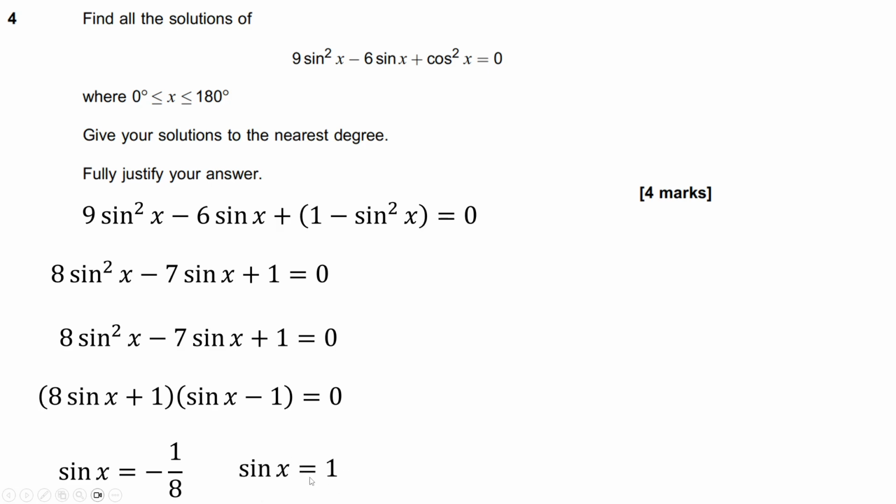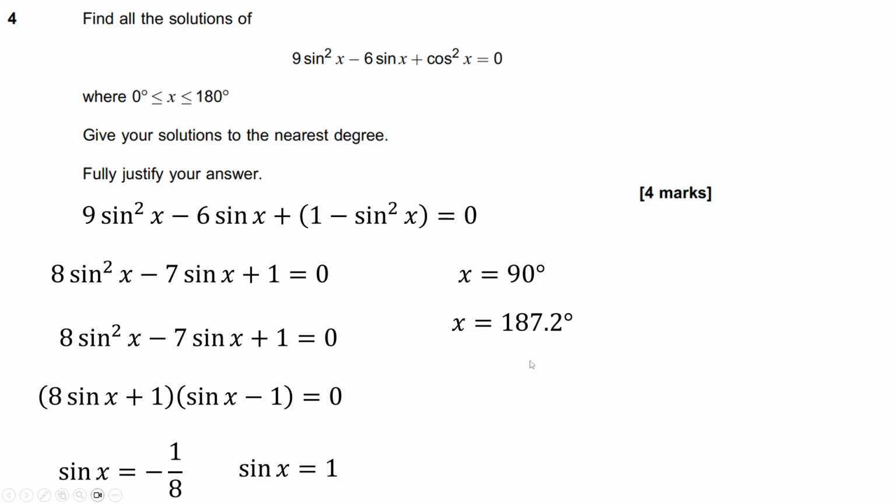If you start with just the easy one, so sine x equals 1, then you've got x equals 90 degrees. And then the other solution is, actually there's no other solution within that range, so x equals 90 degrees is the only one. And then for this one, you'll get x equals 187.2 degrees. I don't think that's actually the first solution you'll get.